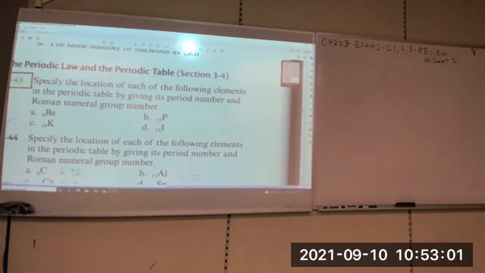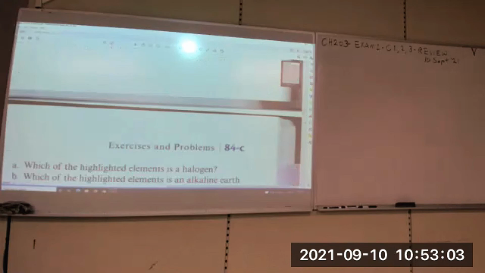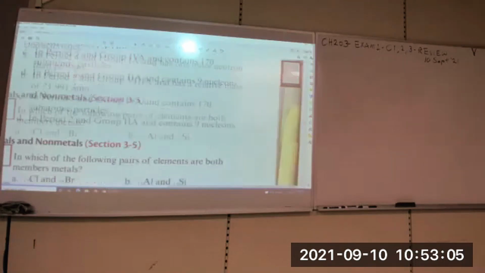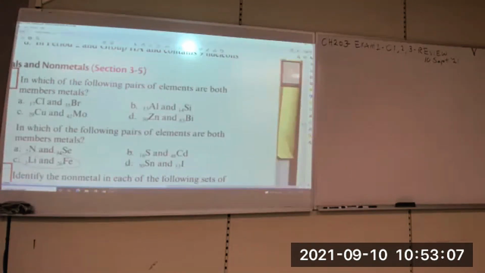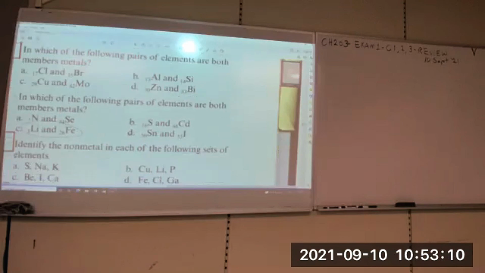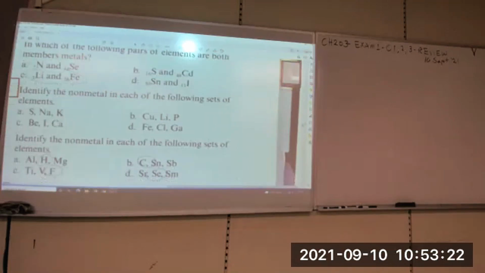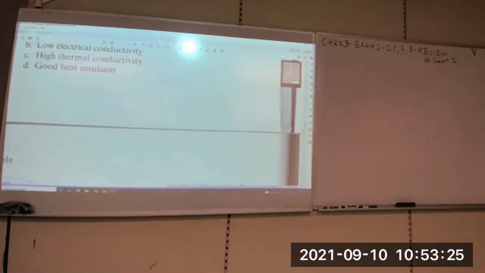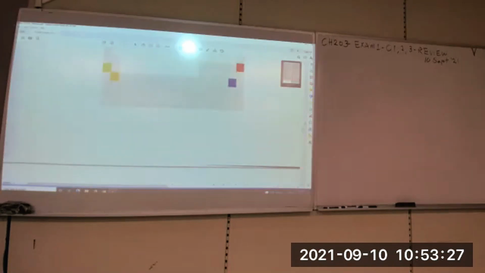All right. Let's see. Metals and non-metals. You know the difference there, right? You know the dividing line right here. That's stair step. Non-metals, metals. Okay. Let's see, I skipped the left-hand side. Let's go back up.